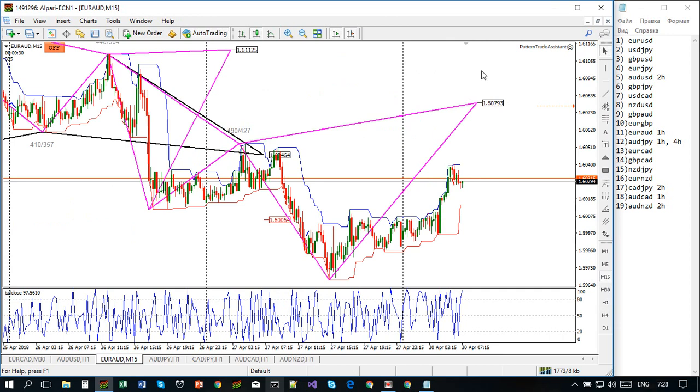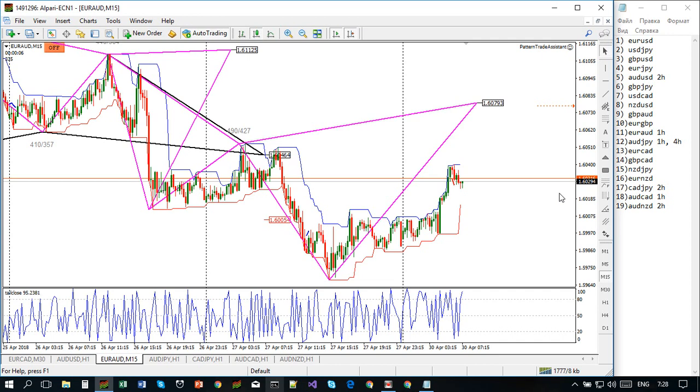So on 15-minute time frame it is optimal. You will see the candlestick formation, and at the same time you will not miss the substantial part of the movement if compared to 1 hour time frame.